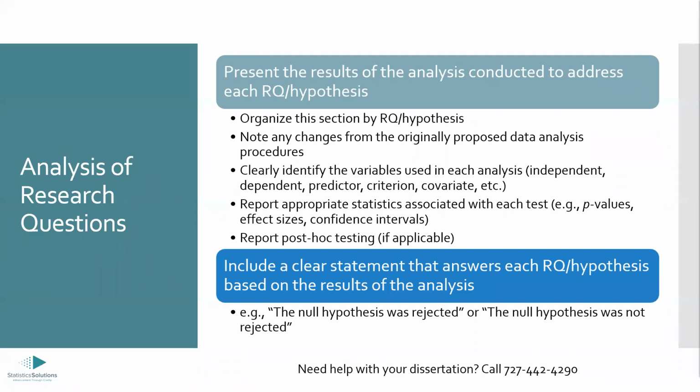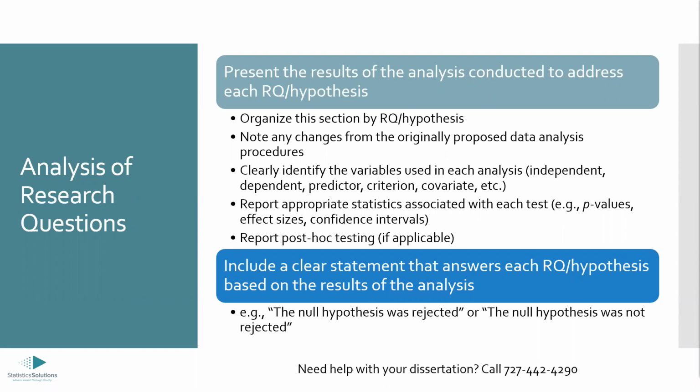Maybe you weren't able to collect the exact data that you originally planned to, so that may have affected the type of analysis that you're able to do. So if your analysis plan changed from what you originally proposed, you will want to explain that change and provide justification for the new analysis that you are doing instead.